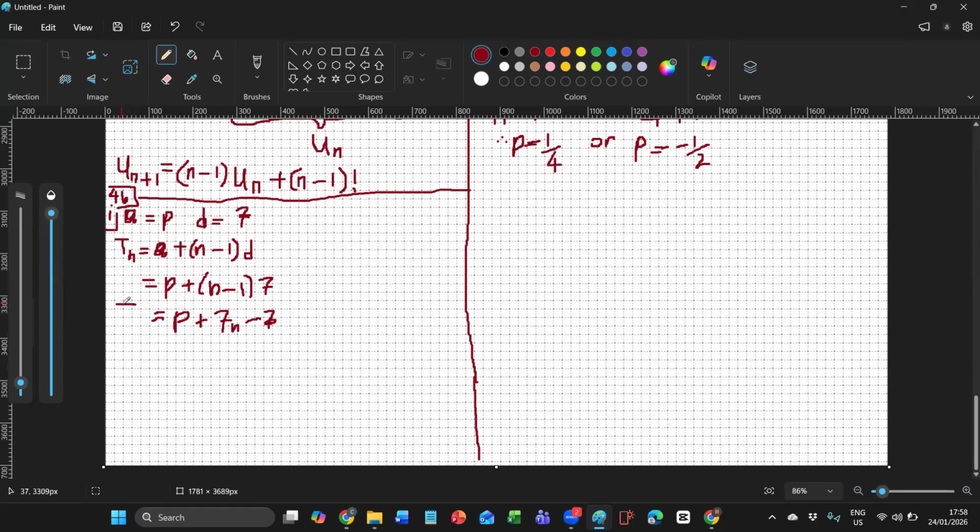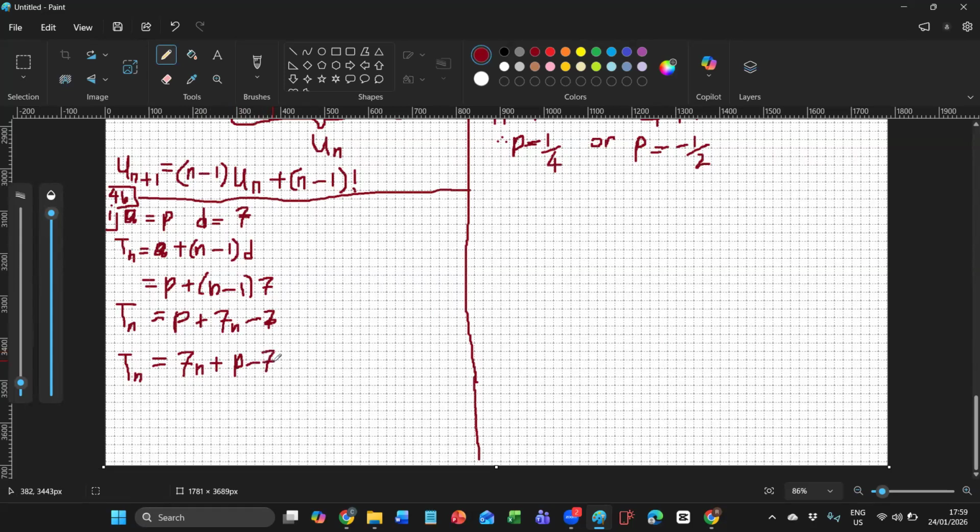I don't know if it is safe to leave it like this, but if we remember that P technically is a number, then we can just rewrite everything as 7n plus P minus 7, just to arrange it so that the like terms are closer to each other.